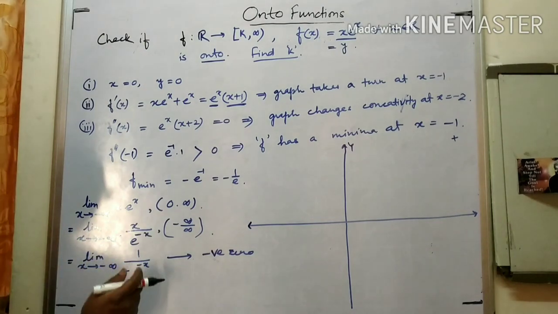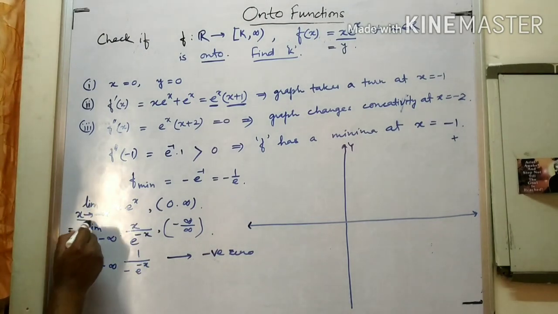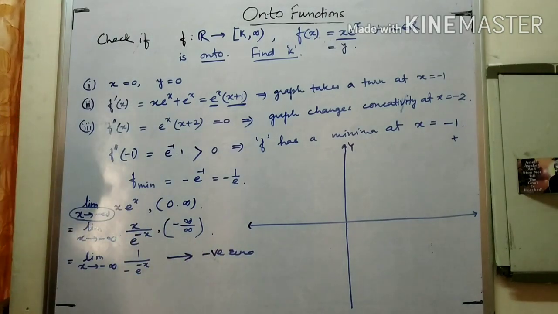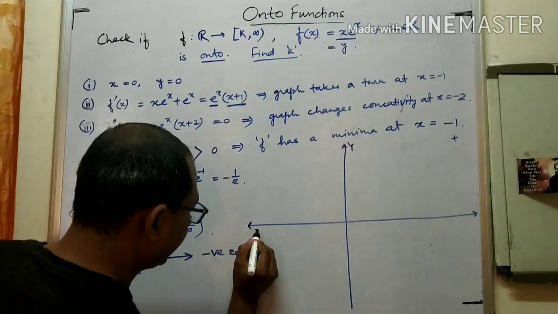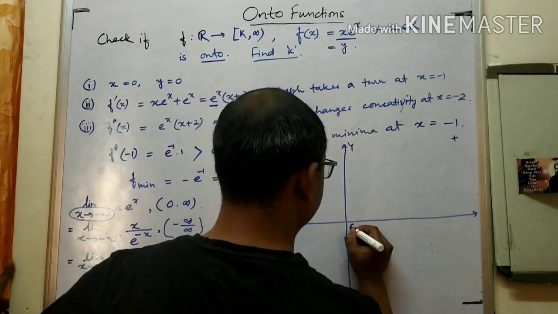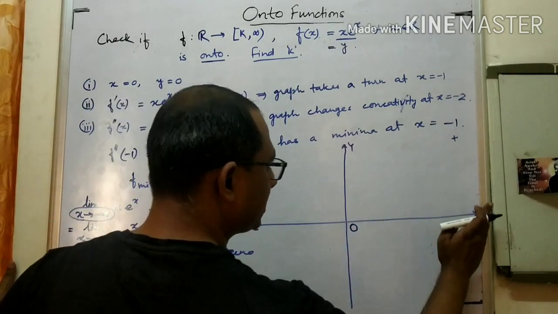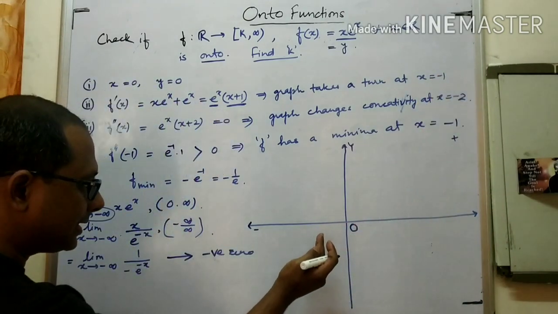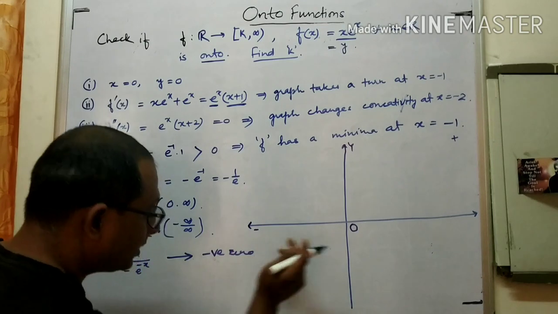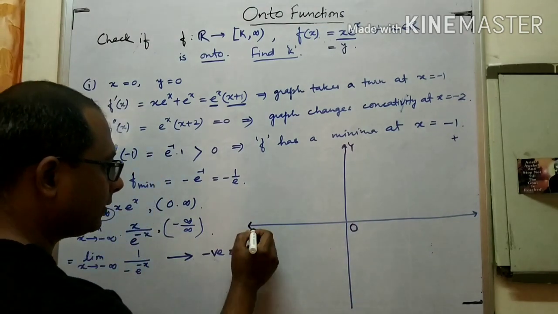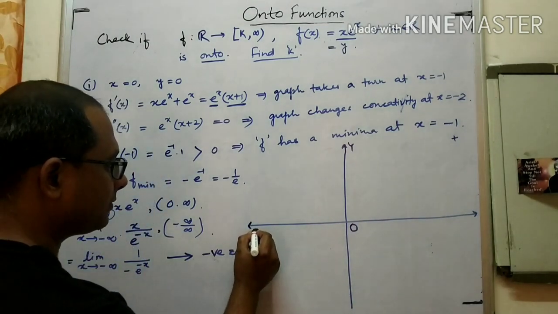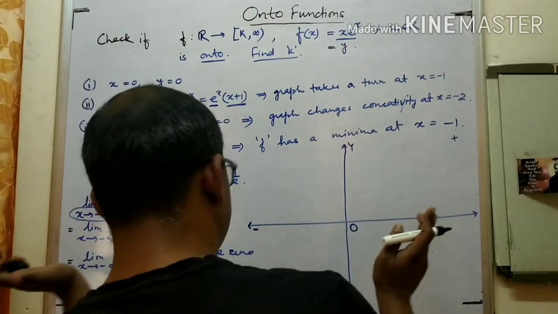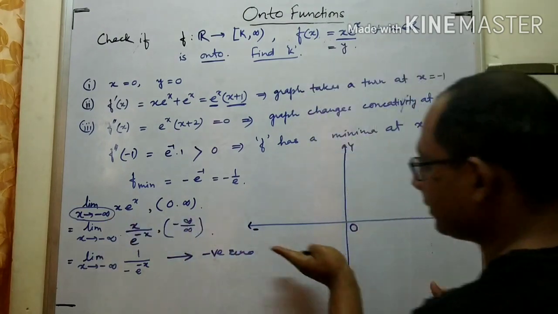So when x is tending to minus infinity, the function will tend to negative 0. When x is tending to positive infinity, the function will tend to infinity only. But when x is tending to negative infinity, the function will tend to negative 0, very close to the x-axis on the left hand side of the y-axis.